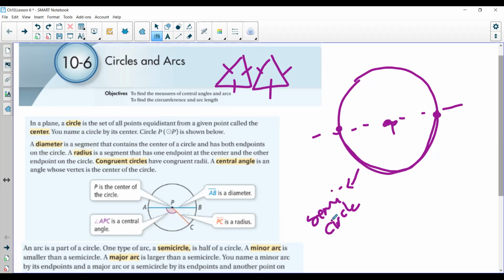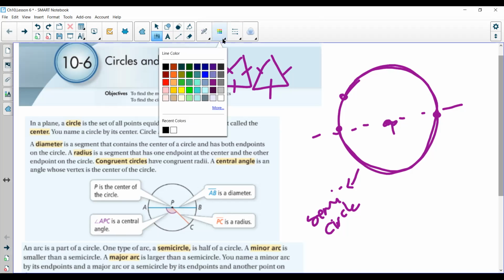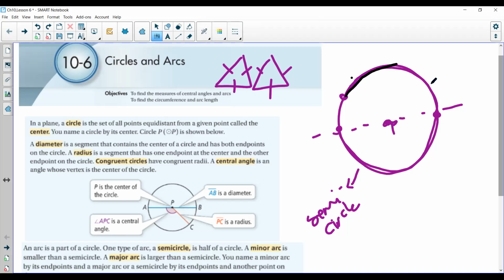This is the definition of a semicircle. Now, if there is an arc that starts from this point and ends with another point, but this other point is before the endpoint of the semicircle, as you see in this picture, this arc connects these two points, and it is smaller than the semicircle.